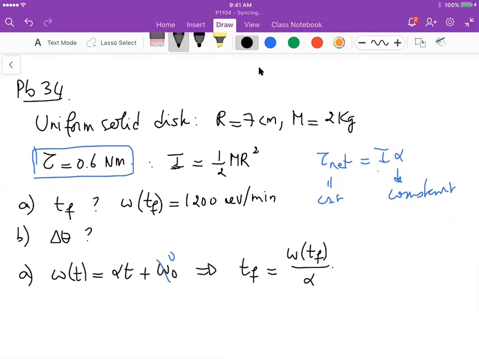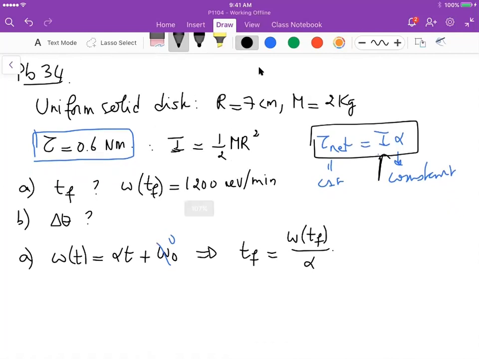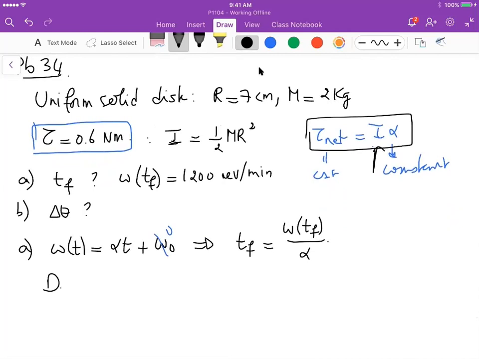But we know that tau net is equal to I alpha. We know tau net, it's equal to 0.6. Alpha is the unknown. I we can get from the expression half mr squared, given that we know what m is and what r is. So let's go ahead and determine alpha. Determine alpha from Newton's second law for rotation.